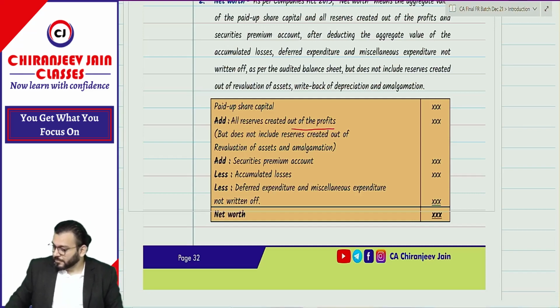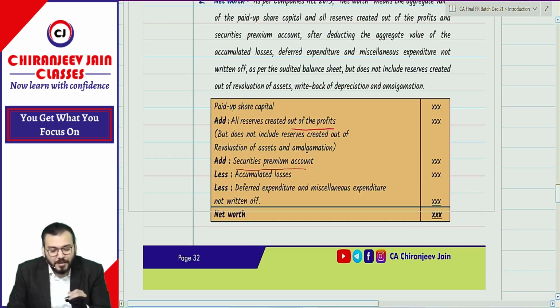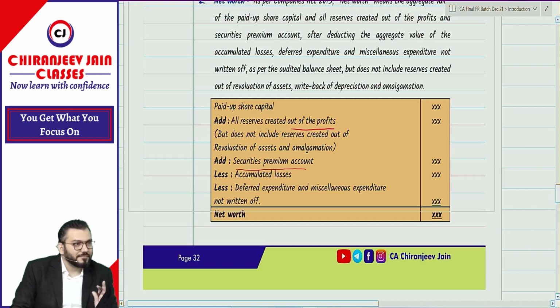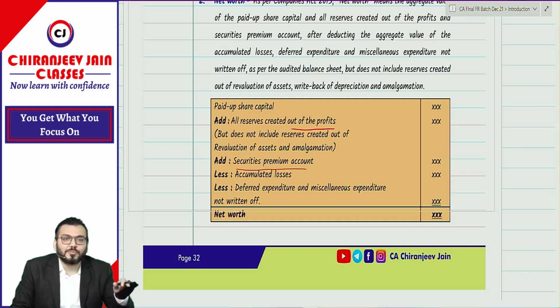Then add securities premium. That is also part of reserves and surplus. Securities premium is also part of reserves and surplus. So the securities premium account, correct? No doubt. Then less accumulated losses.